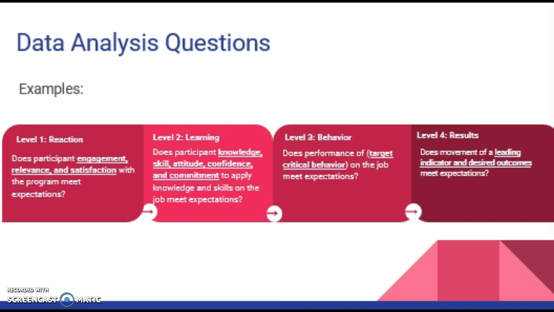Level 3 is behavior. Behavior, we would be looking at the target critical behavior for the on-the-job learning. So does the level of on-the-job learning meet the expectations of, say, supervisors or the company?